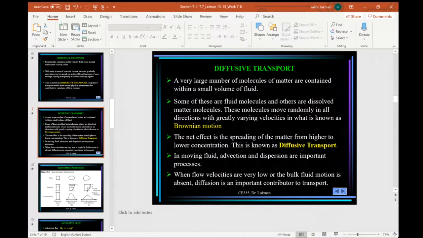When flow velocities are very low or bulk fluid motion is absent, diffusion is an important contributor to transport. For moving fluid, the most important contributors to transport are advection and dispersion. But when it is static, with bulk fluid motion absent, the most important transport mechanism is diffusion.